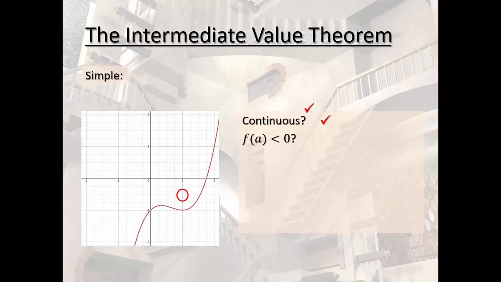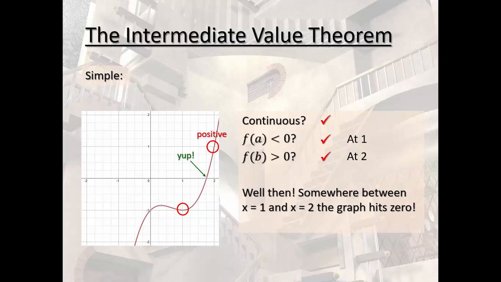Yeah, at 1, y is negative, right? Is there a place where it is positive? Yeah, at 2 it looks like it's positive. Swell. So what's the big deal? Well, heck, it means somewhere between 1 and 2 the graph hits 0. Yep, it does mean that. That's great.